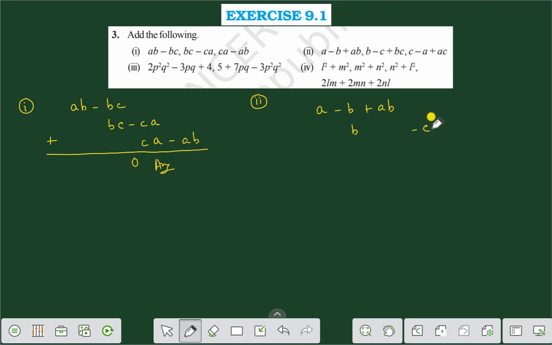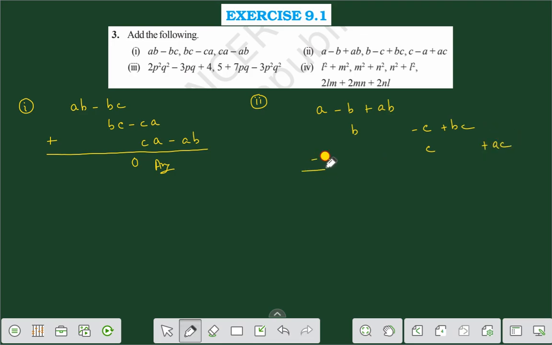There is another term, that is C minus A plus AC.